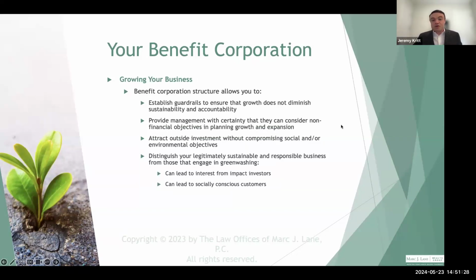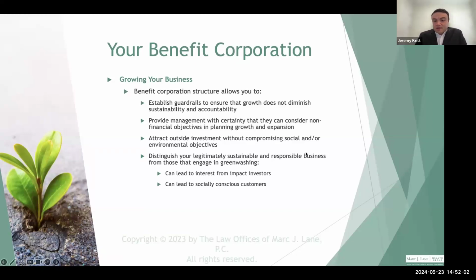And then, as you're growing your business and planning expansion, you can really have certainty, particularly if you're looking to attract outside investment, that considering non-financial interests and objectives won't expose you to liability. Or if you bring in investors, you won't be forced to choose one or the other and compromise your mission.